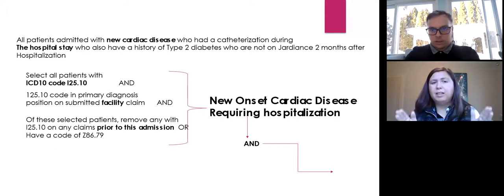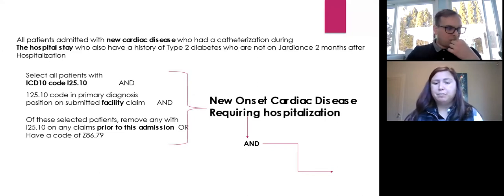So we will take that cohort of patients and remove them. And so we are doing this programmatically, saying, now you are only getting patients with cardiac disease. You are only getting the ones that have a hospital facility claim where cardiac disease was the primary problem. And we're removing all the patients who have had a prior code for cardiac disease in the past. But of course, that's just the first piece of the algorithm.